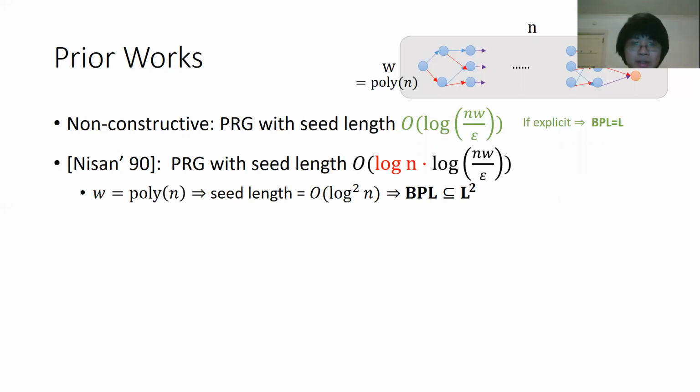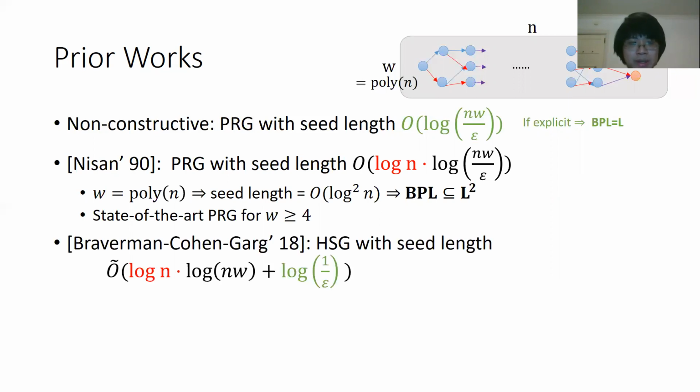Although Nisan discovered this result 30 years ago, and there are also many other works in some restricted settings, Nisan's generator remains the state-of-the-art PRG for read-once branching programs in the general setting, even for width 4.